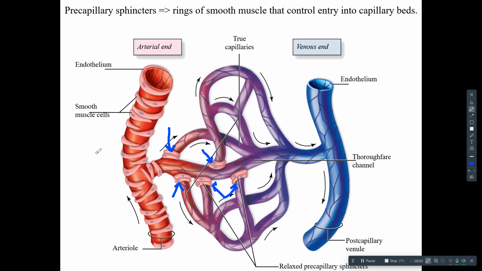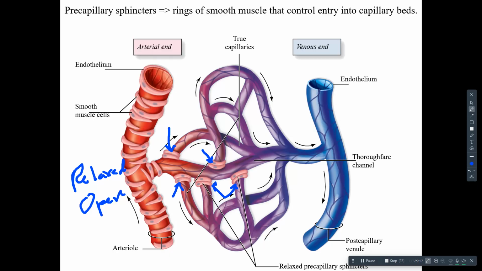And they're going to control whether or not blood goes into the capillary beds. Right now, the muscle is relaxed in these precapillary sphincters, meaning that they are open, meaning that blood is flowing through all of these capillaries in the capillary bed.